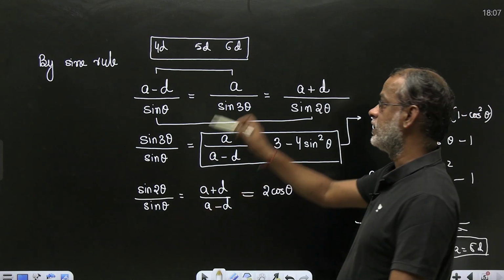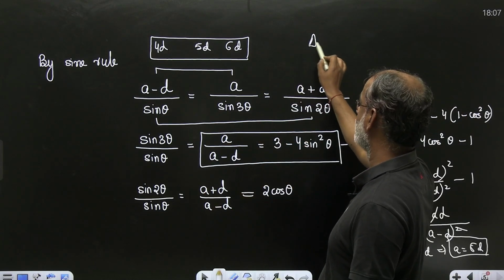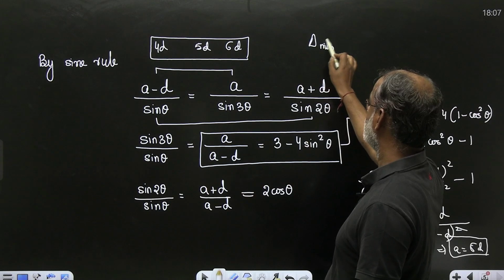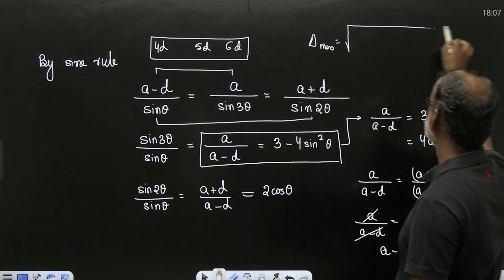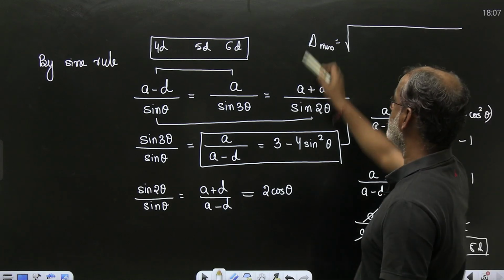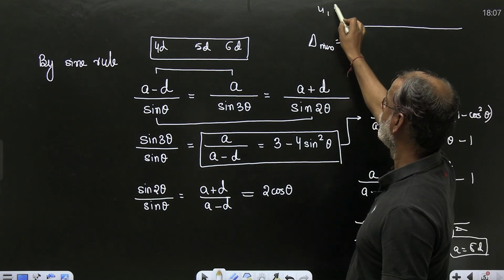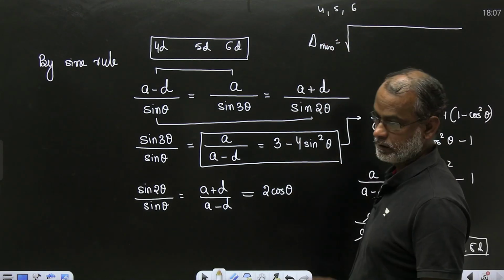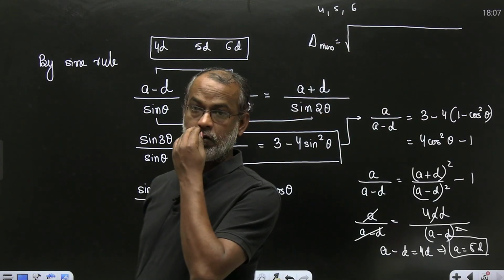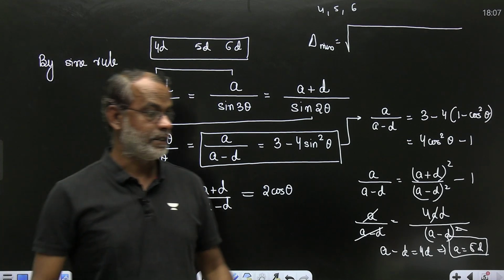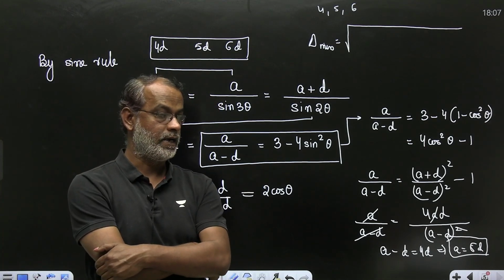So we take our sides for least possible area. The sides are 4, 5, 6. For least possible area, the sides are 4, 5 and 6.